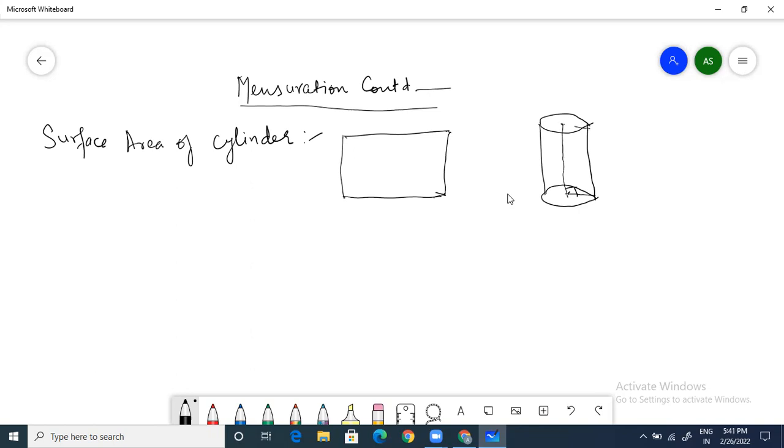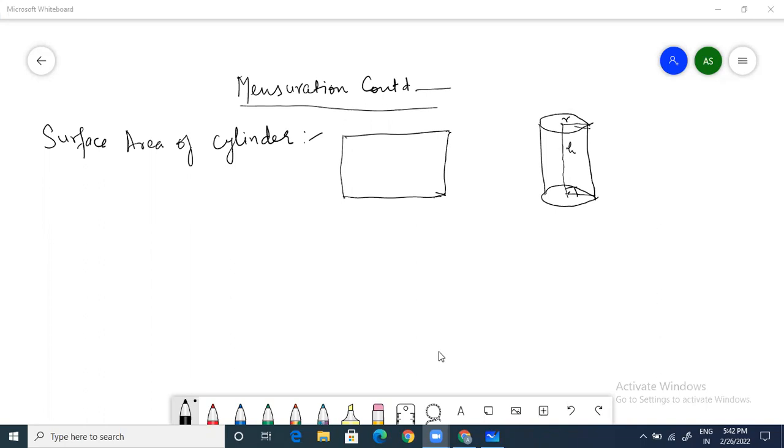For example, this is your R, and this is your H, the height. If I unfold this paper on the cylinder, it will form a rectangle.